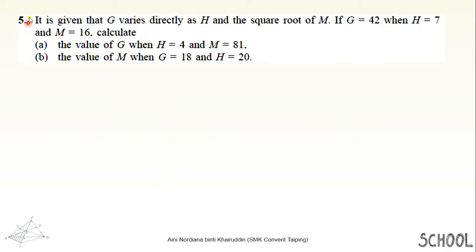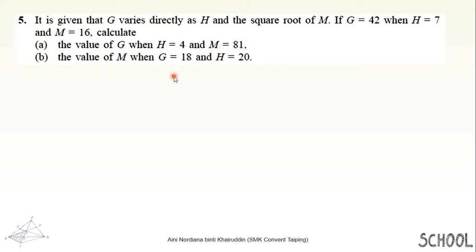So next, question number 5. It is given that g varies directly as h and the square root of m. Given also the value of g and h and also the value of m. Calculate the value of g when h equals to 4 and m equals to 81.